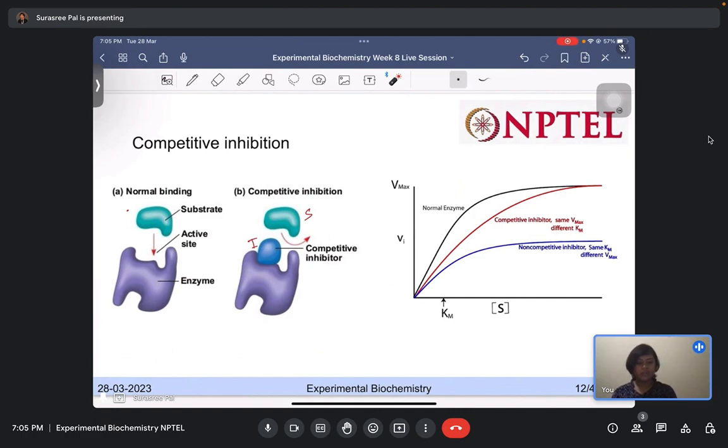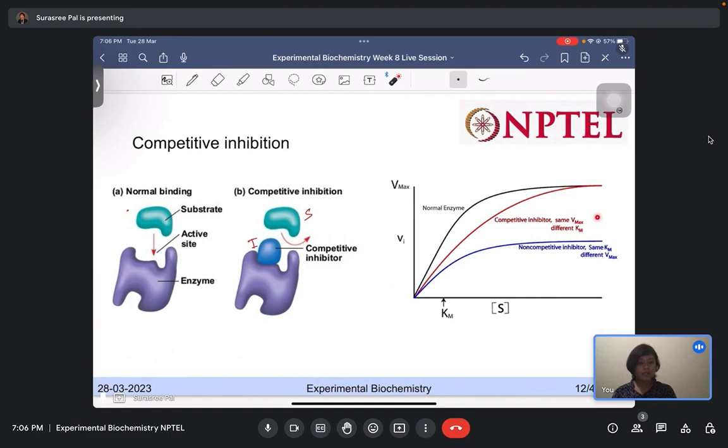Here we plot the Michaelis-Menten curve in presence of a competitive inhibitor, and this is the graph of a normal enzyme when there is no inhibitor.